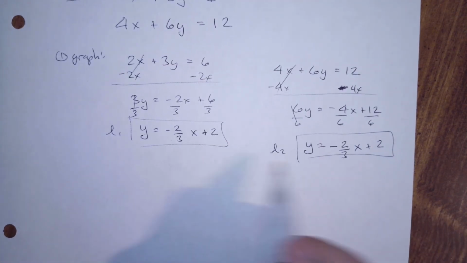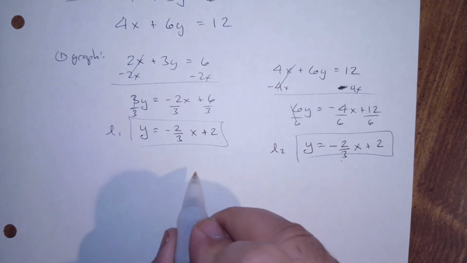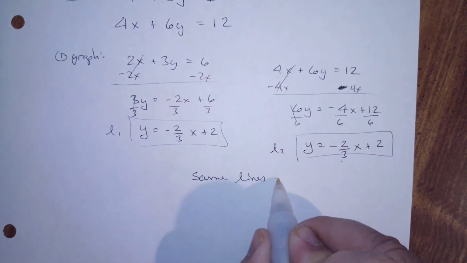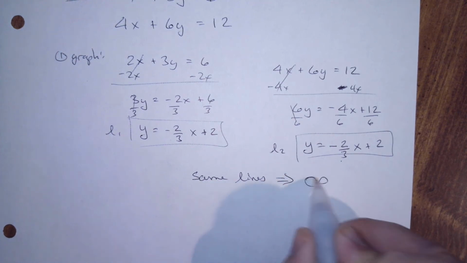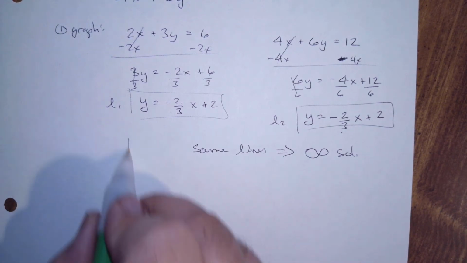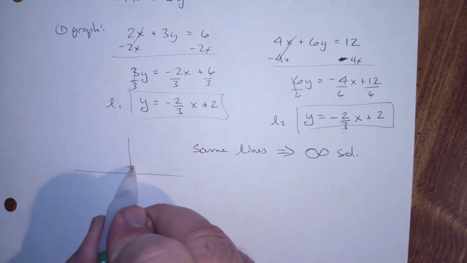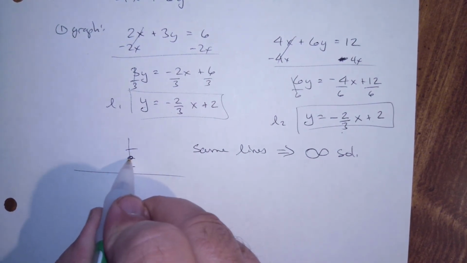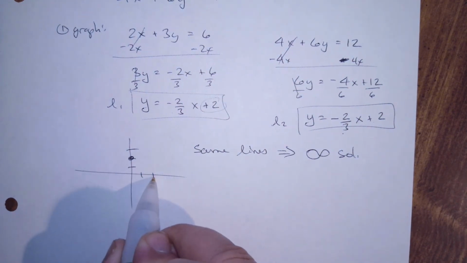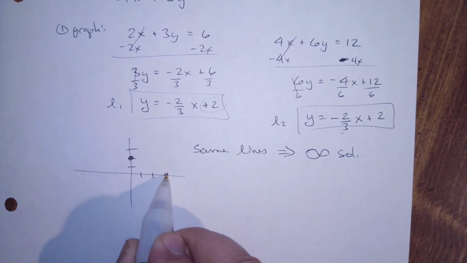We notice they're the same lines. So, infinite solutions. If we graph them, the y-intercept is at 2. Go down 2 over 3.